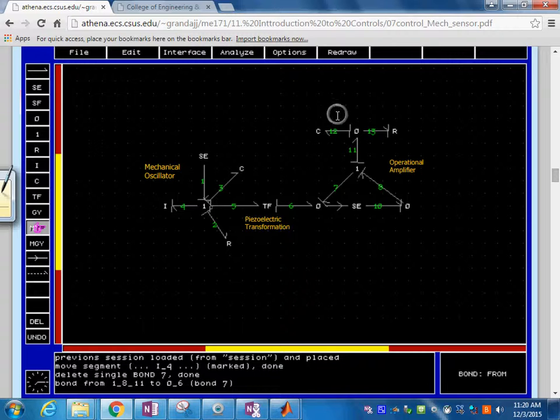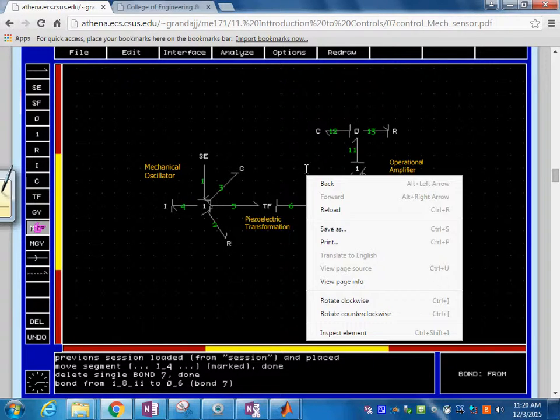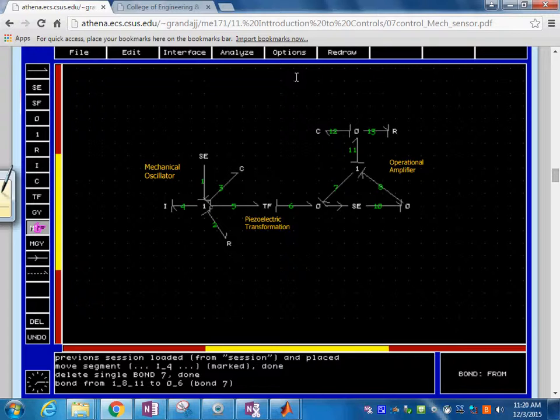That relationship between this voltage and this input is called the transfer function. And once you have the bond graph model in CAMG and you specify what the output is, the file CAMG SYM will derive the transfer function for you.